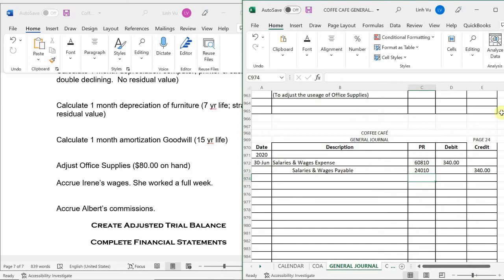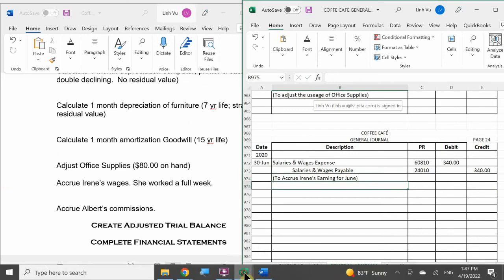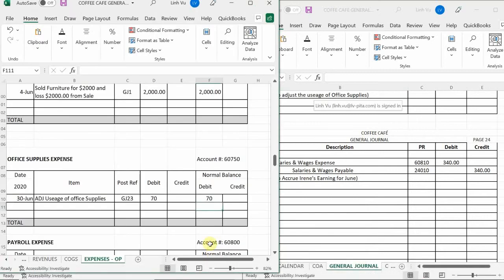And my note here is to accrue Irene's earnings for June. So then now I have to pop it into my ledger, because that's the next step.